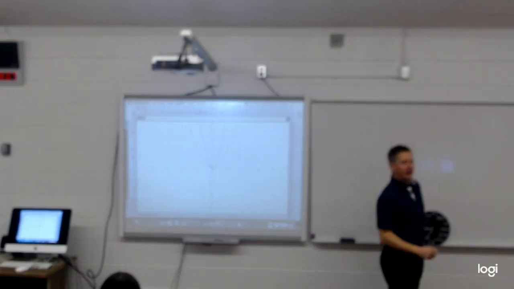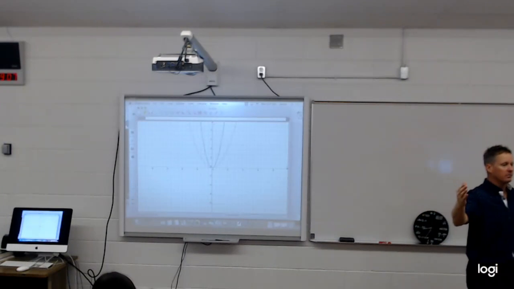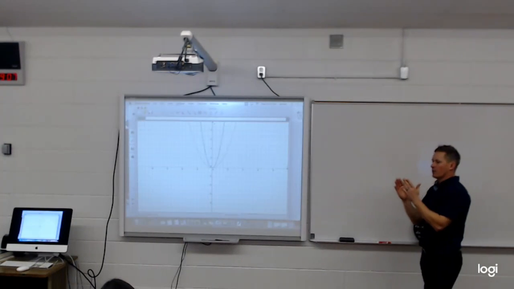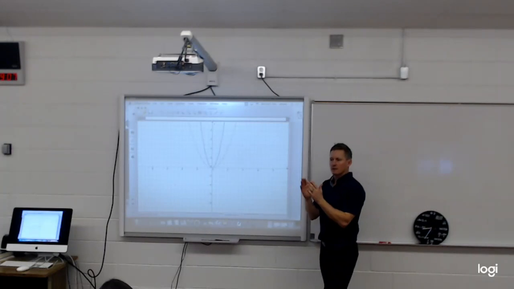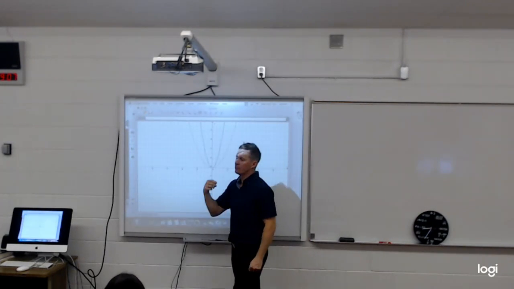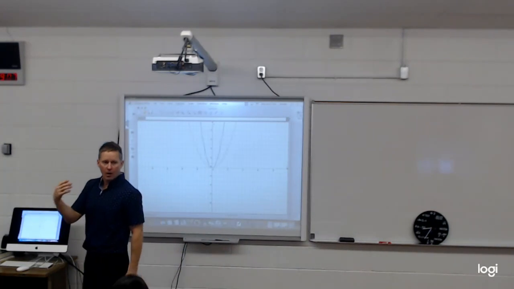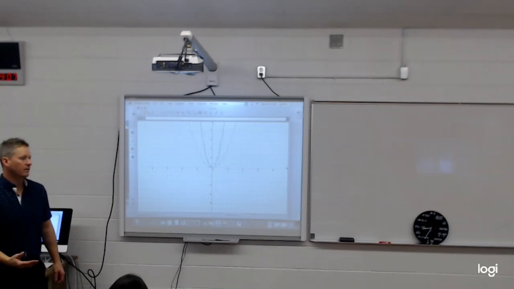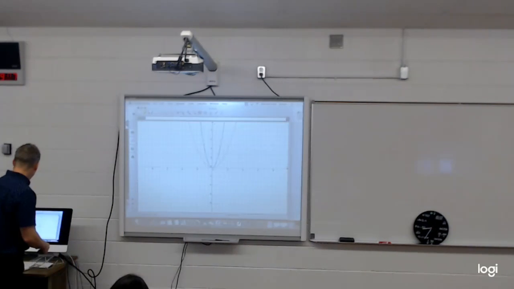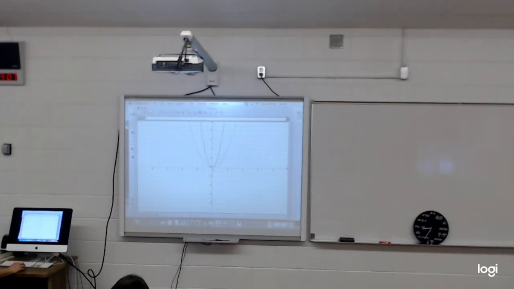So by your a value being a larger value, the graph is actually narrow. Okay, it goes up a lot faster because you're multiplying all of your original y values by 4. So if I change that to 1/2, let's say, so 0.5, what's going to happen to it then?